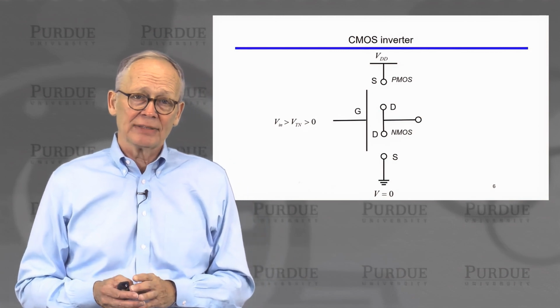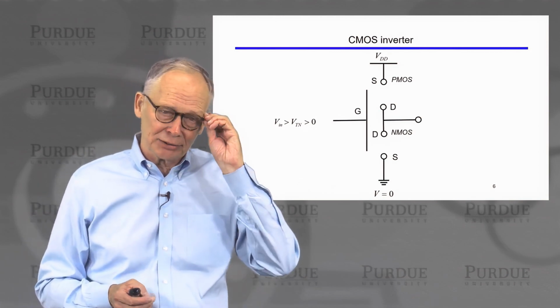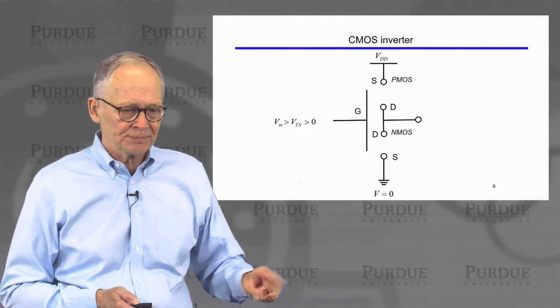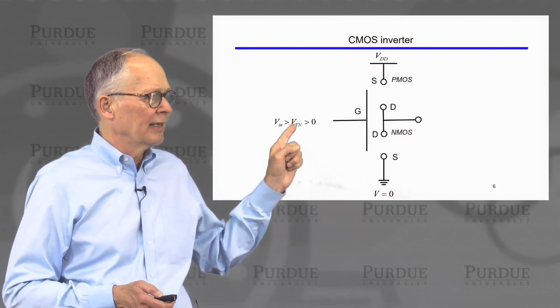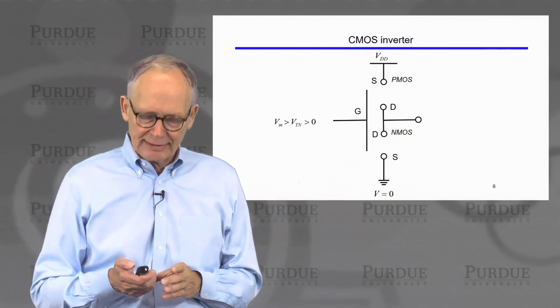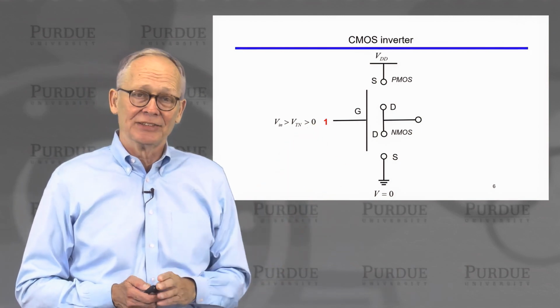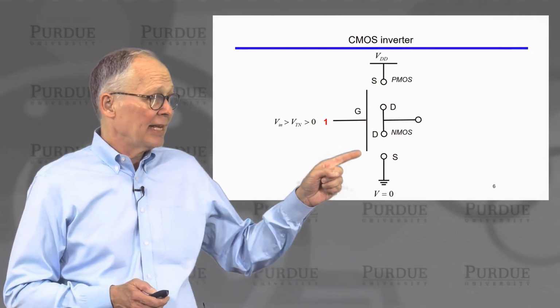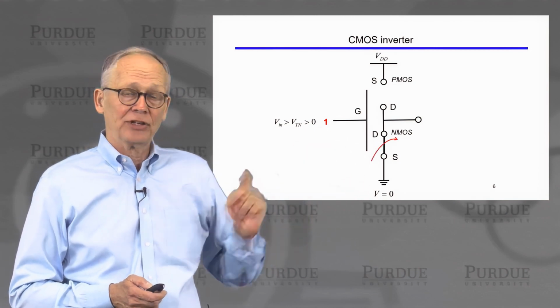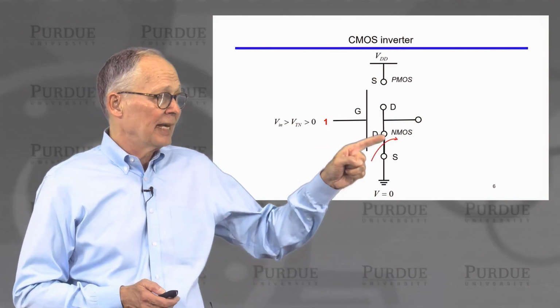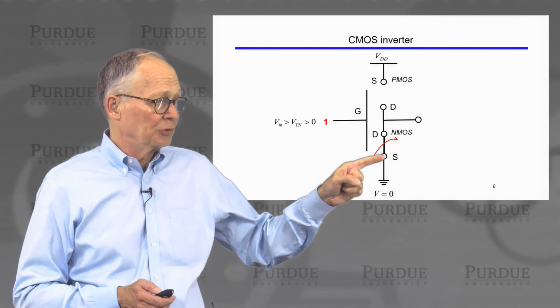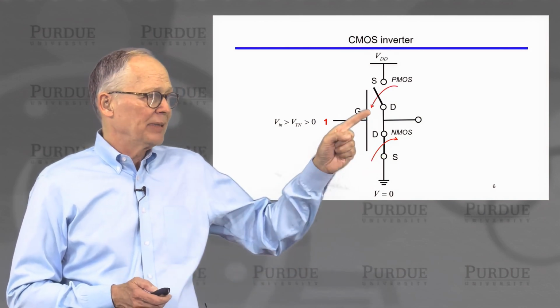Now, to understand how this circuit operates, we just think of the transistors as switches. They're either open or closed. So let's think about applying a large positive voltage, more positive than the threshold voltage of the N-channel. That large voltage is going to represent a digital 1. That voltage will be enough to turn on the NMOS transistor and connect this switch to ground. But it will not be enough.